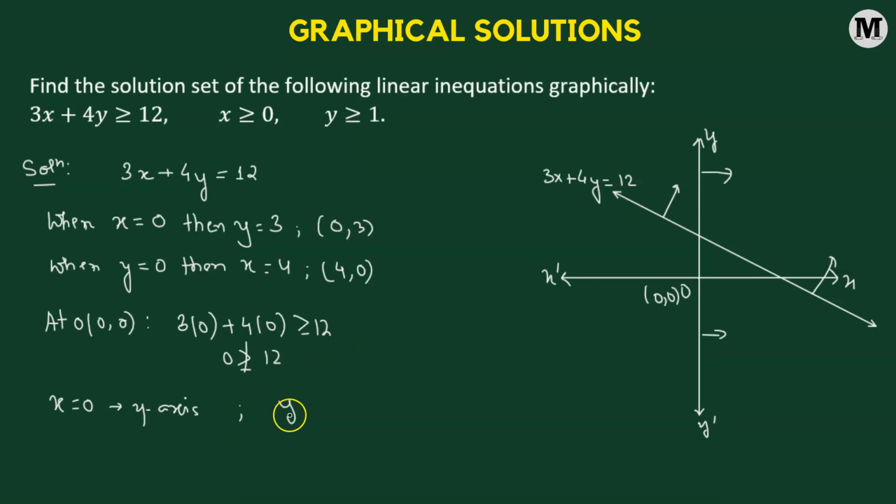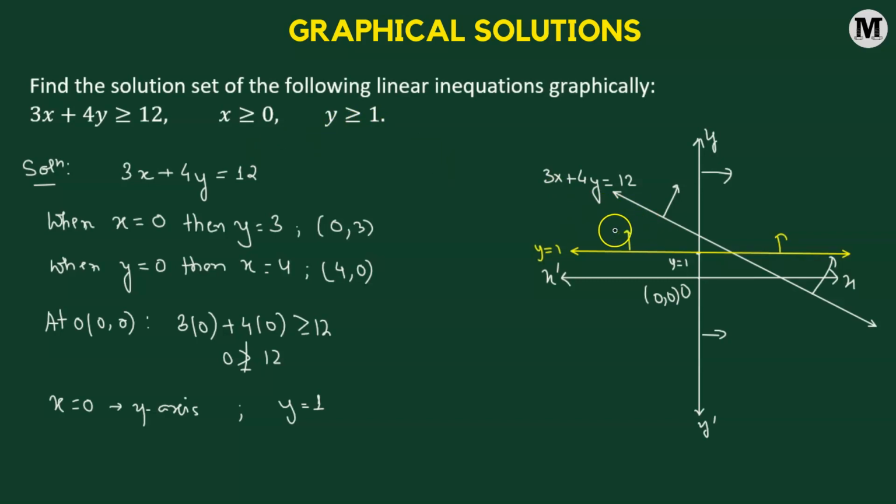Coming to the next one, we have y greater than or equal to 1. We convert it to an equation to get y equals 1. And what is y equals 1? This simply means that we have a straight line passing through y equals 1, parallel to the x-axis. The inequality y greater than or equal to 1 tells us that we have to consider the region above the line y equals 1, because any point from this region is going to satisfy the inequality.